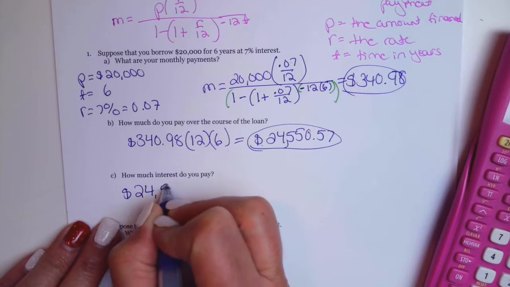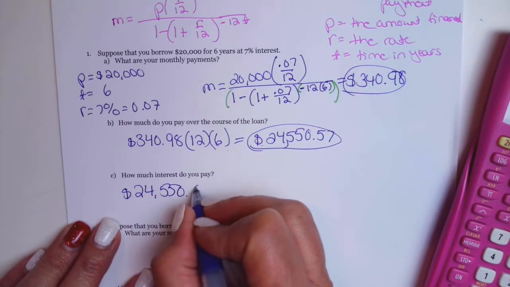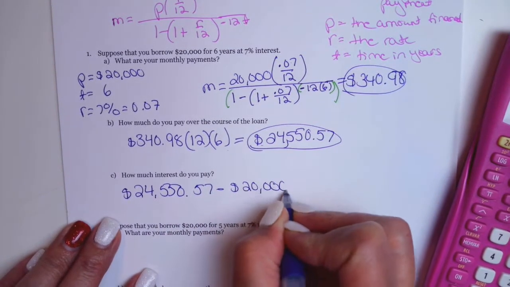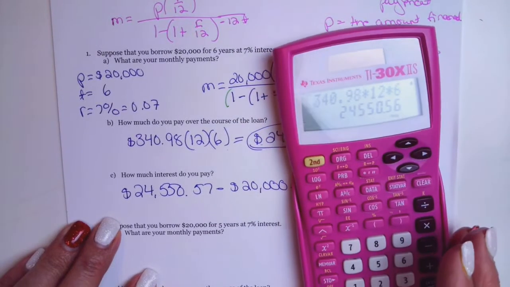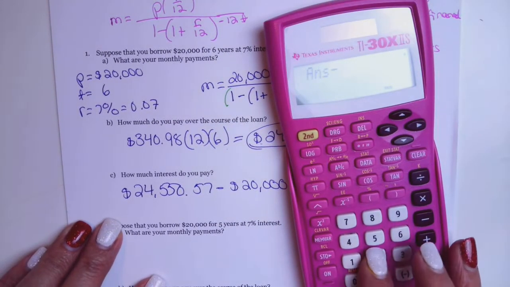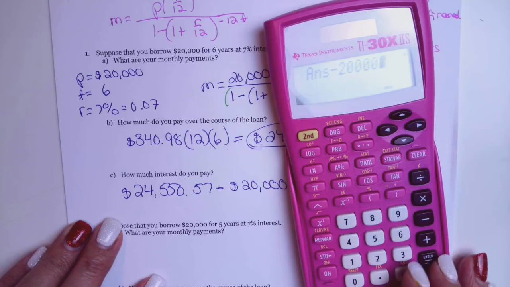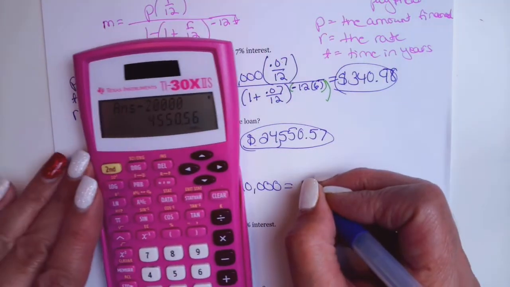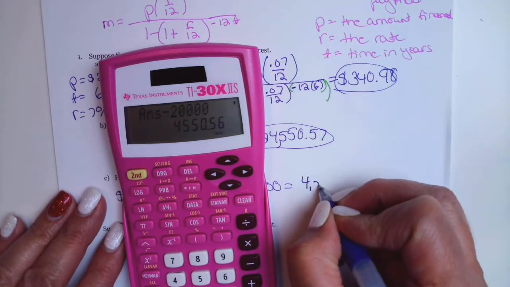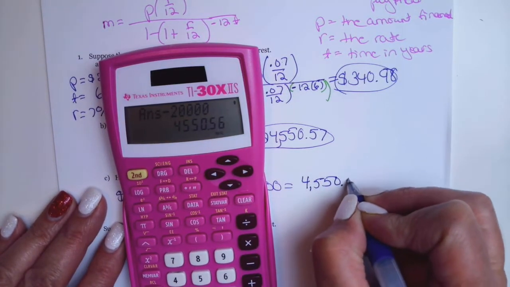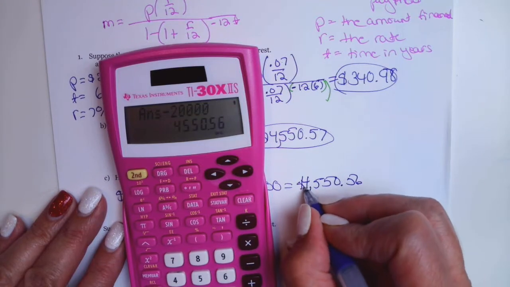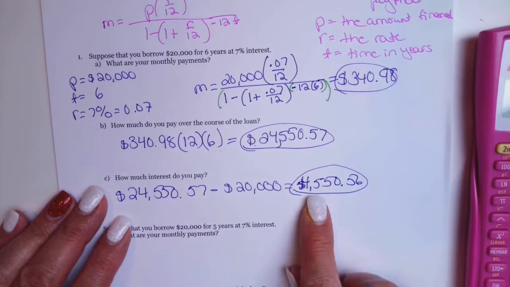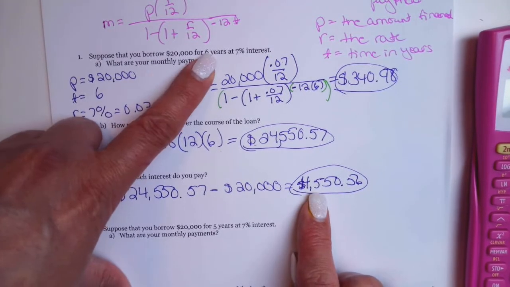So $24,550.57 minus $20,000, and we get $4,550.56. So that is how much interest we're paying over the 6 years with this.